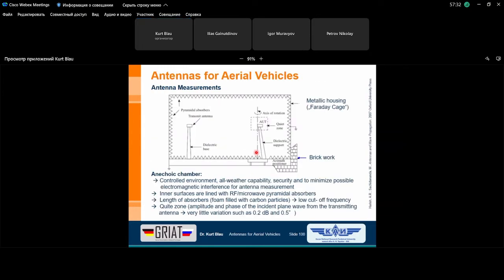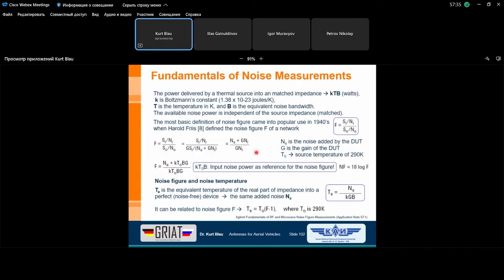Sorry. Okay, then we will see it here on the next slide. Now this is our base definition, and in the input noise power, we can find this T0, this source temperature, and this is shown here in this formula.